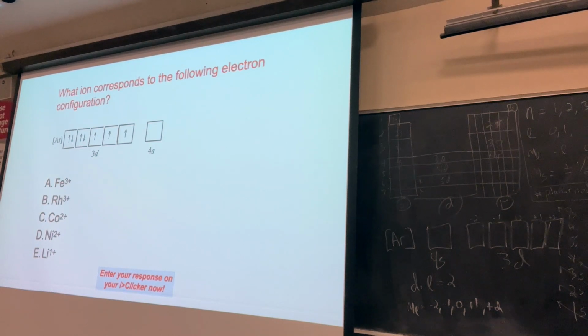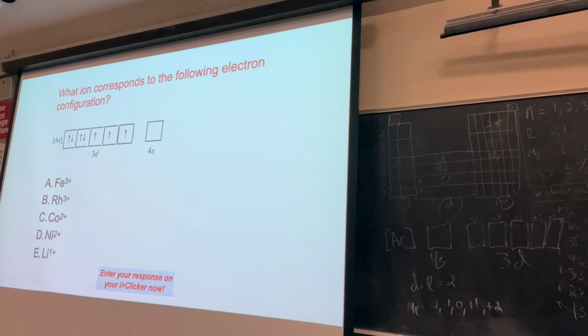How I do these problems is I think about what the neutral atom would look like, which would basically be all of these electrons plus these two right here. So if this thing was neutral and it was 4s2, then there'd be 1, 2, 3, 4, 5, 6, 7 3d electrons.